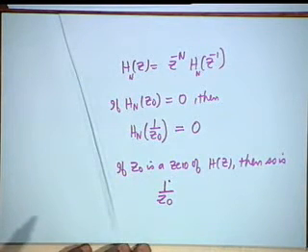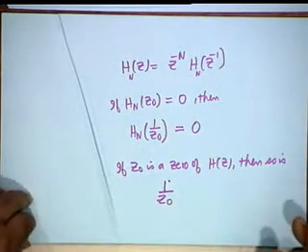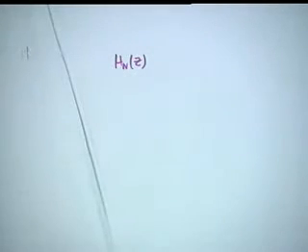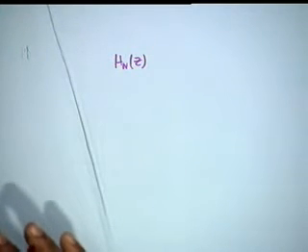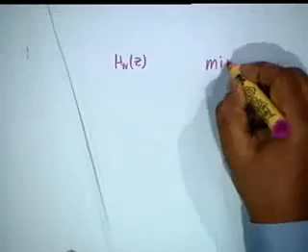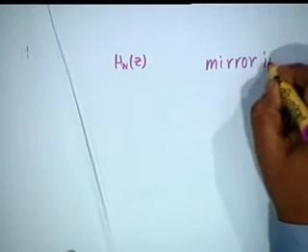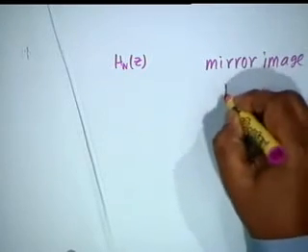And Hn of z, in general, for an FIR filter, is a polynomial whose zeros obey this relationship, that they occur in reciprocal pairs. Such polynomials are called mirror image polynomials.